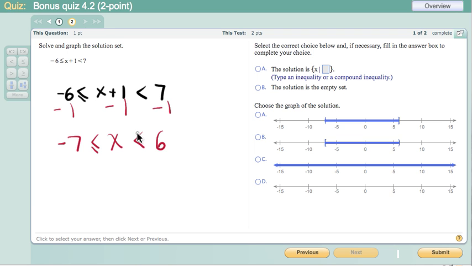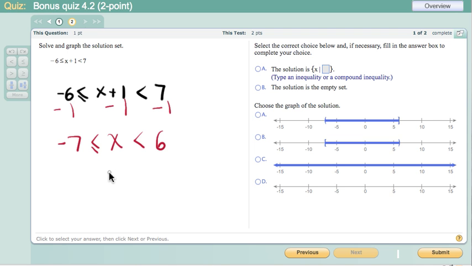Now you see, what we have here is a situation that lends itself to the word and. We have two inequalities. There's this one, x is less than 6, and there's this one, x is greater than or equal to negative 7. And what this is saying, and it's the reason why and intersection fall out of it, it's saying that simultaneously x has to be less than 6 and greater than or equal to negative 7. Simultaneously. And so that's an and situation.